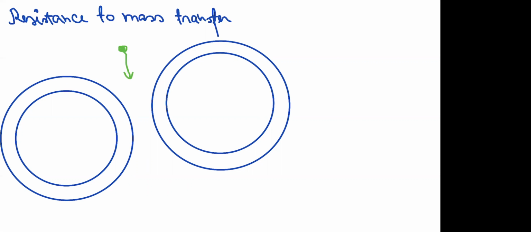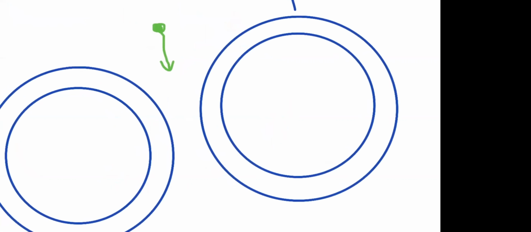Now, in this resistance to mass transfer, it is very important to think how the retention actually happens. And for the retention to actually happen, what needs to occur is that when the molecule is traveling through the column, it needs to diffuse to the mobile phase, stationary phase border.